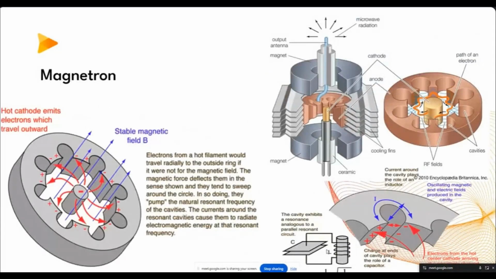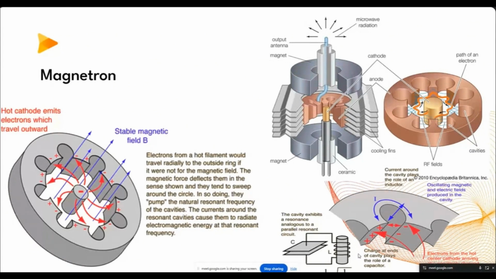So these are the basic principles of the magnetron. Now you might also have heard about electromagnetic induction. When you place another coil nearby, the oscillation in this coil will be transferred to the other coil by electromagnetic induction.